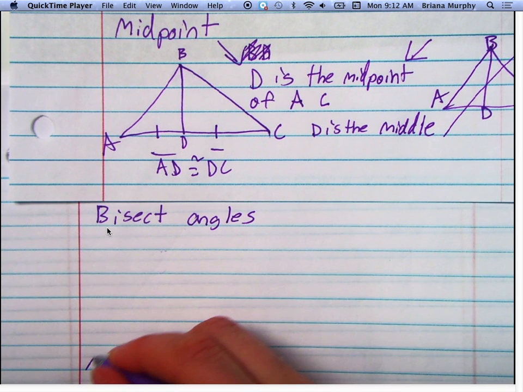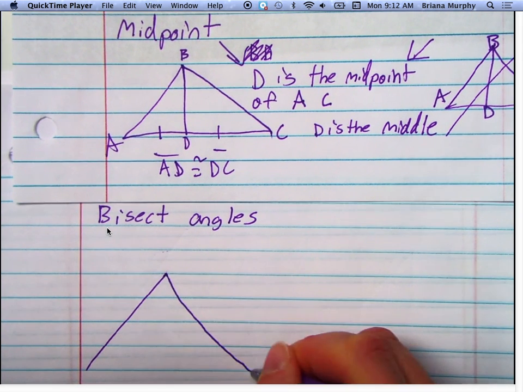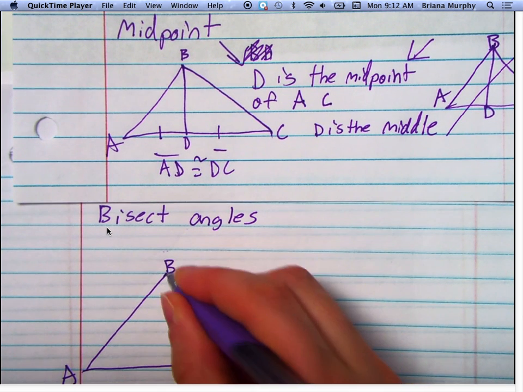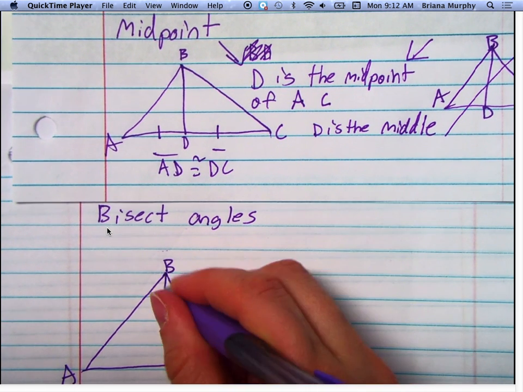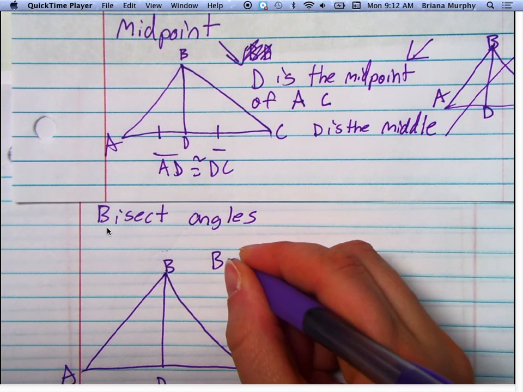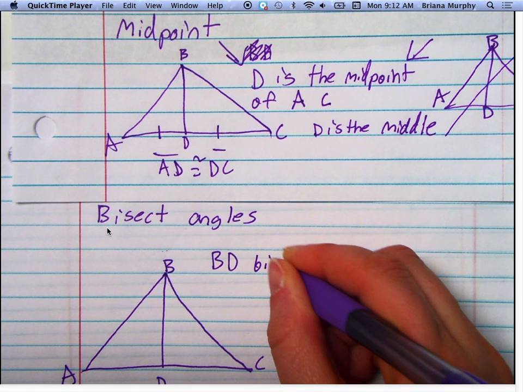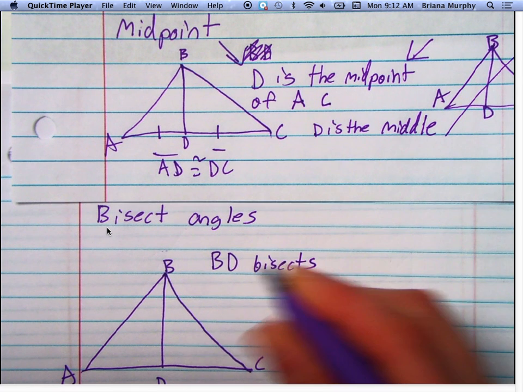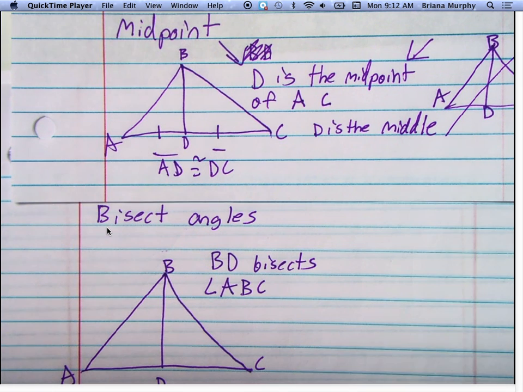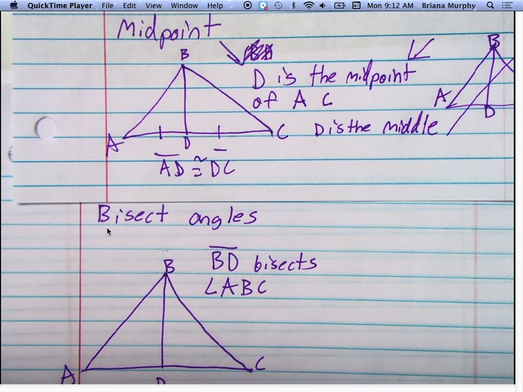So, my same picture that I did for midpoint. And I'm going to state that BD bisects angle ABC. Do you remember what bisect means? Cut in two, cut in half again.